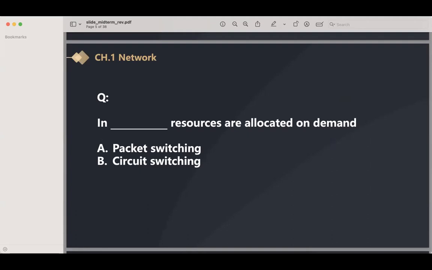Let's wait for 1 minute. And this is the most important question for this chapter.